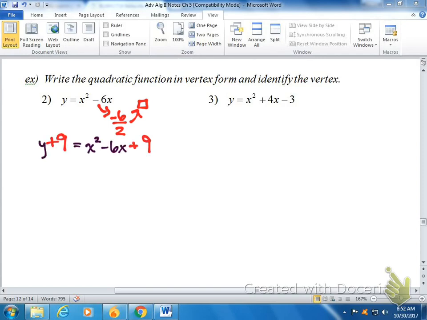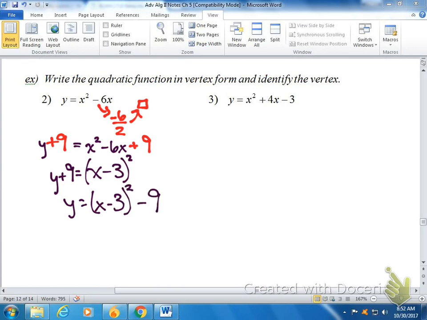Then I'm going to simplify the left side if needed, but it's not needed this time because I also didn't have a constant I needed to move over in the beginning. There was no constant. And rewrite the right side as a completed square, vertex form, x minus 3 quantity squared minus 9. So the vertex is going to be (3, -9).